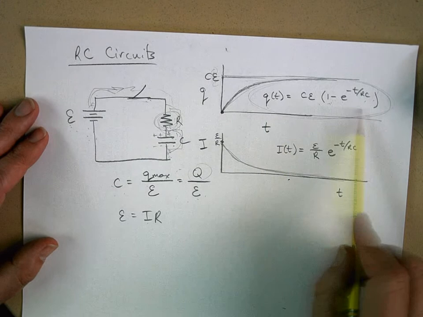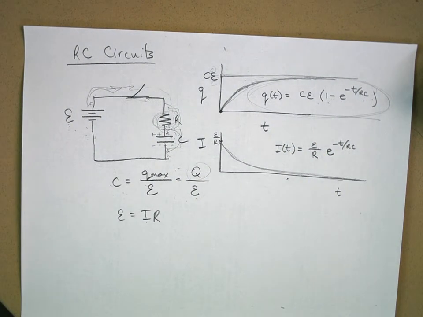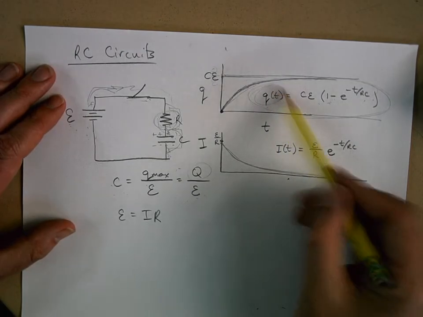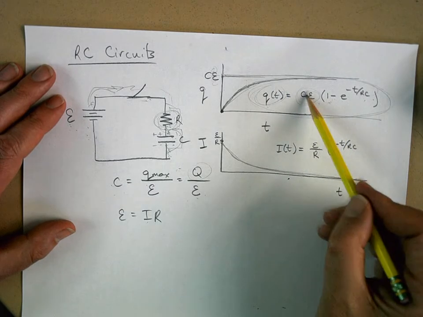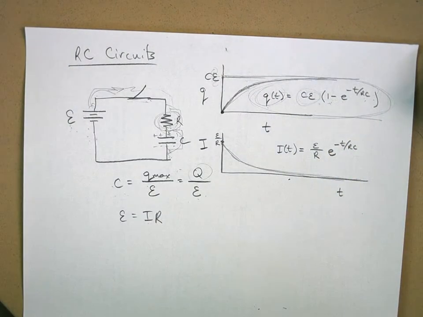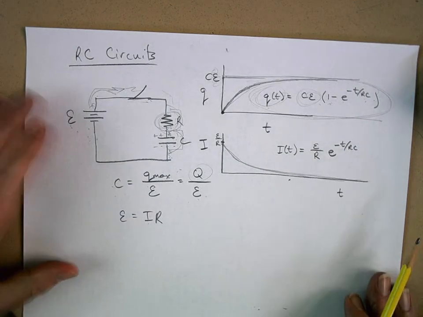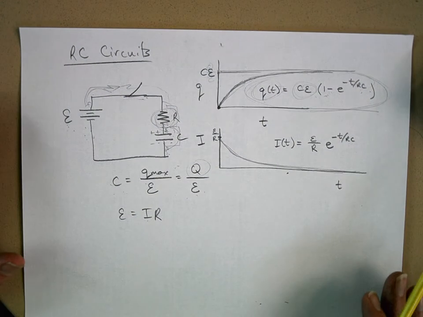If I give you a charging capacitor and I want to know how much time it takes to charge to a certain amount, well, plug in whatever charge it is. Here's your maximum charge. Solve for t. Take the natural log of both sides and do all that. Do the arithmetic to solve for time. I don't have time to do that right now because this is already almost 45 minutes long.